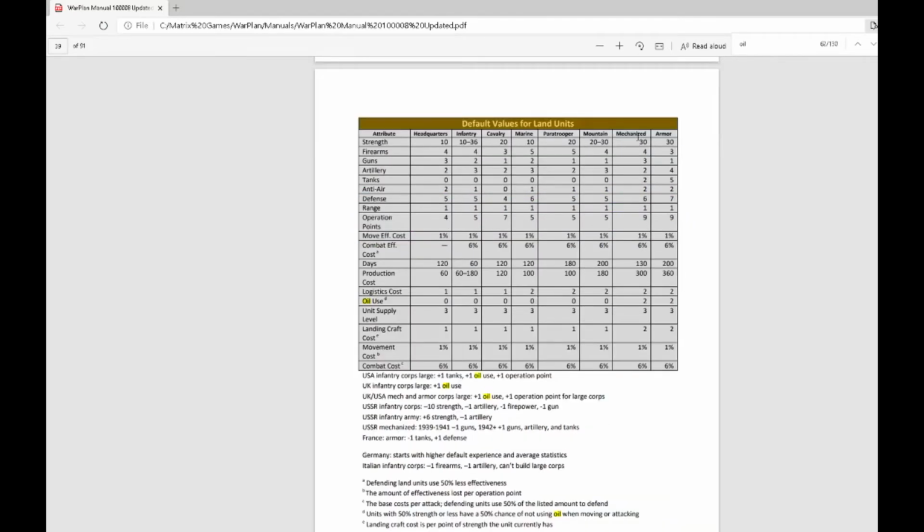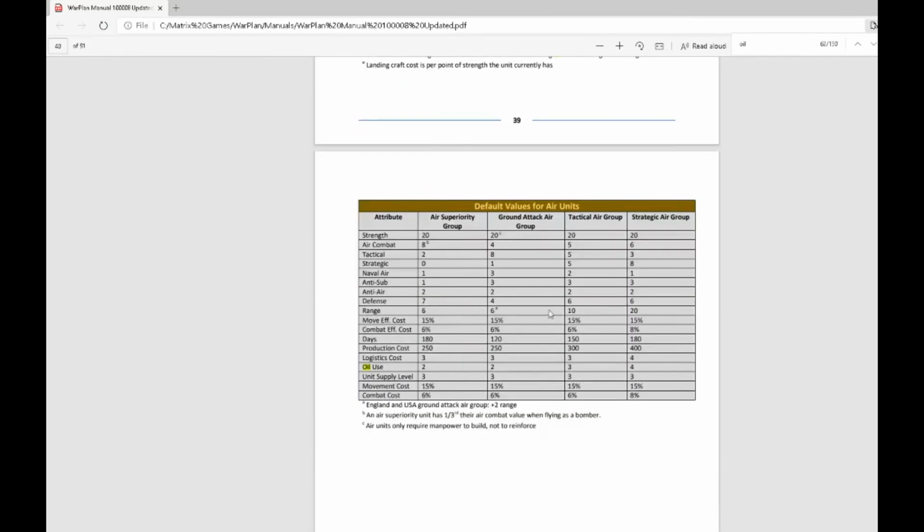What are those 2 units? They're mech and armor. So when the mech and armor attack, and remember this is for version 8.1, there are some changes coming with oil use in the new version once it becomes official. But at this point in version 8.1, mechanized and armor units will use 2 oil points for attack.